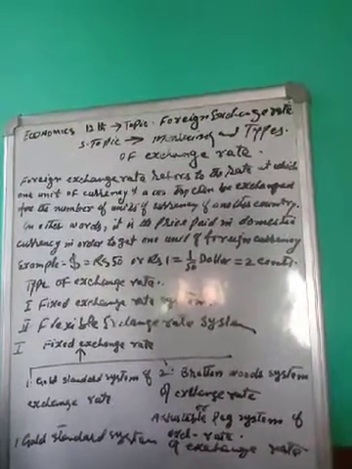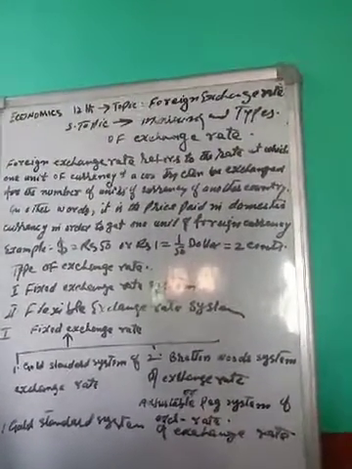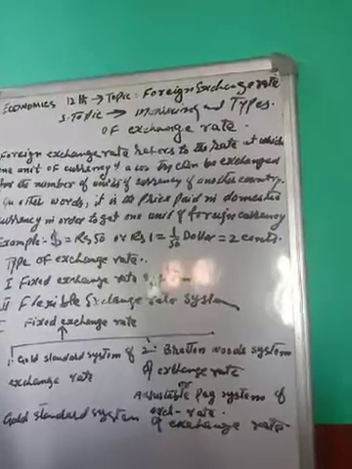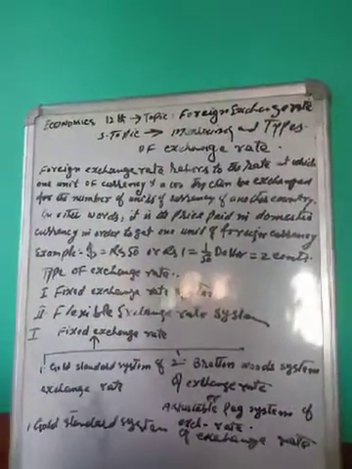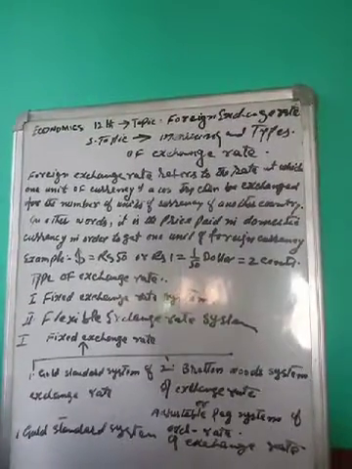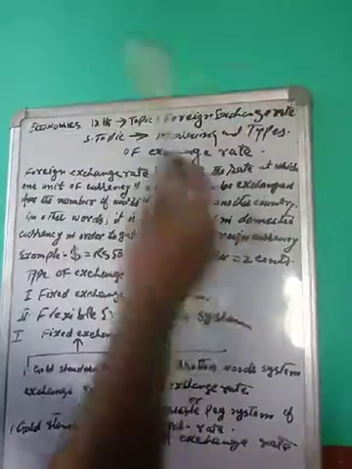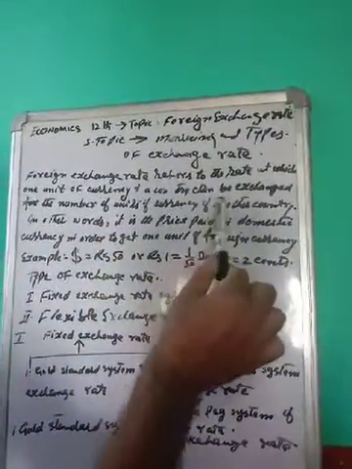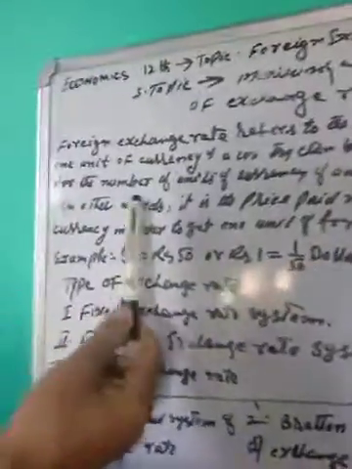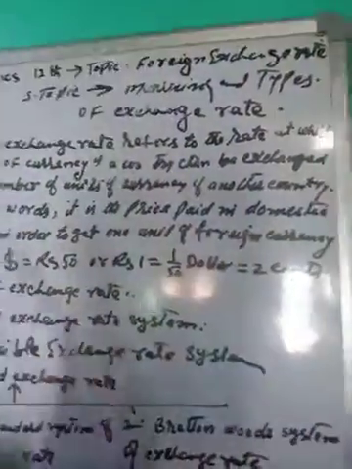So I am going to make it clear to you. First of all, we must know the meaning of foreign exchange rate. Foreign exchange rate refers to the rate at which one unit of currency of a country can be exchanged for the number of units of currency of another country.